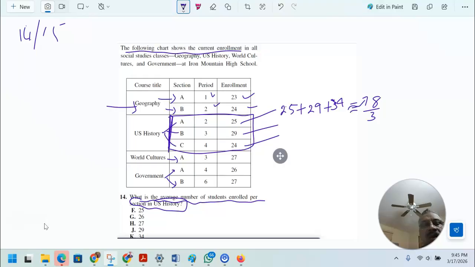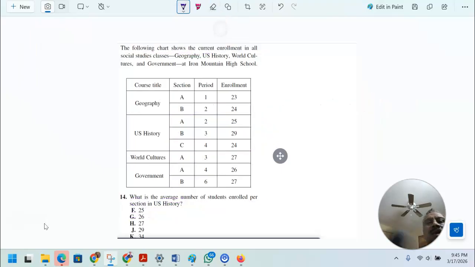You want to know the average, right? Per section. So if you divide this, 3 goes 2 times, 1 stays and it goes 6. So your answer is 26. So you're done.